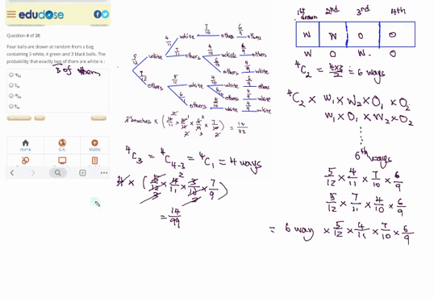Now, what's the probability if I have only one of them white? So basically, this is for exactly 3 white in 4 drawn, okay?